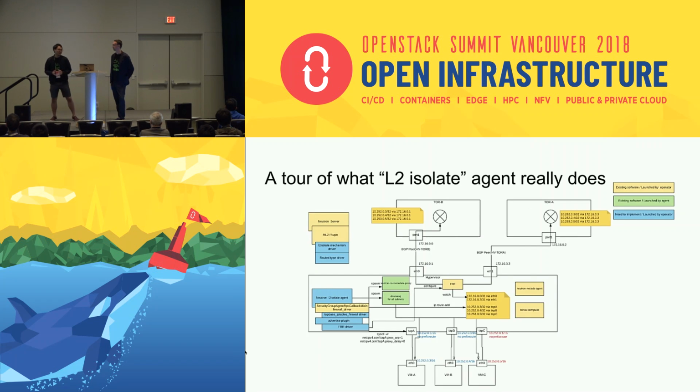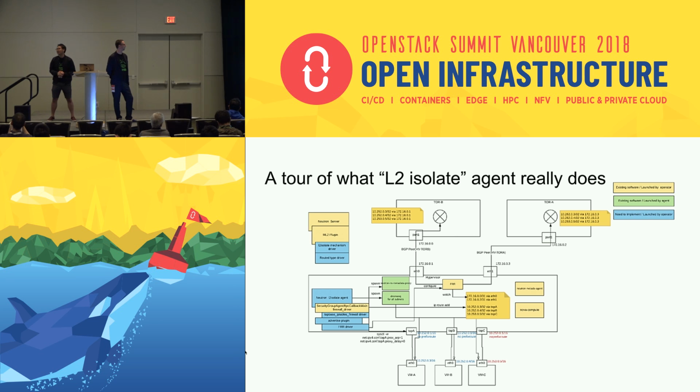So let's deep dive into how the compute node is running the L2 isolate agent. Imagine this as a kind of snapshot of a compute node running in our OpenStack cluster. This is showing the internal configuration that the L2 isolate agent is doing. One can see 3 different colors. Yellow boxes indicate the existing OpenStack software stack.